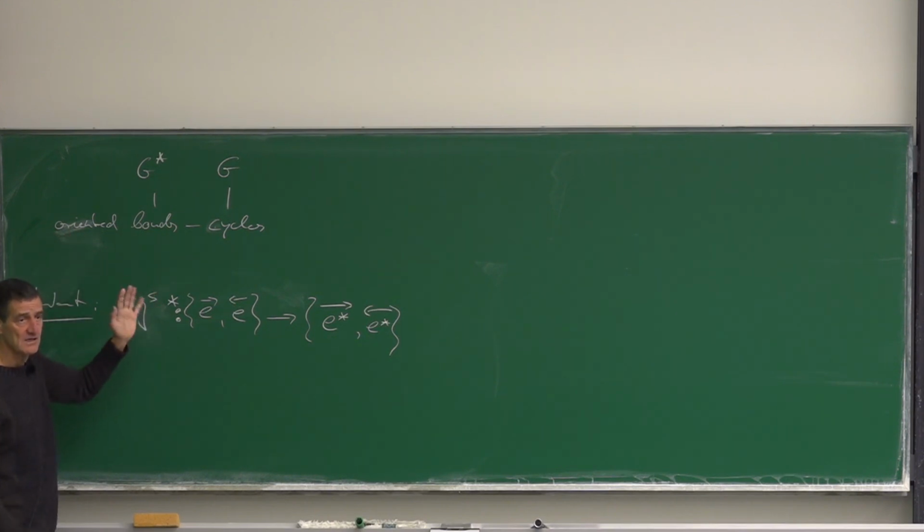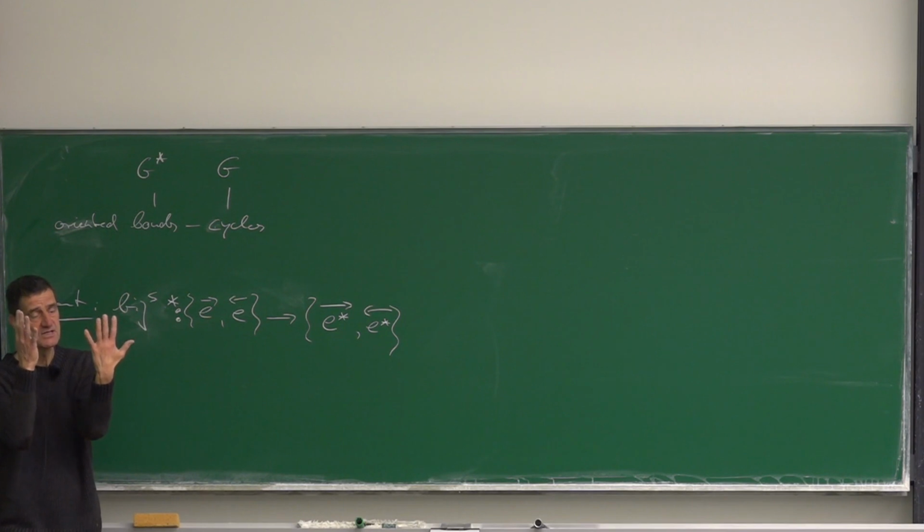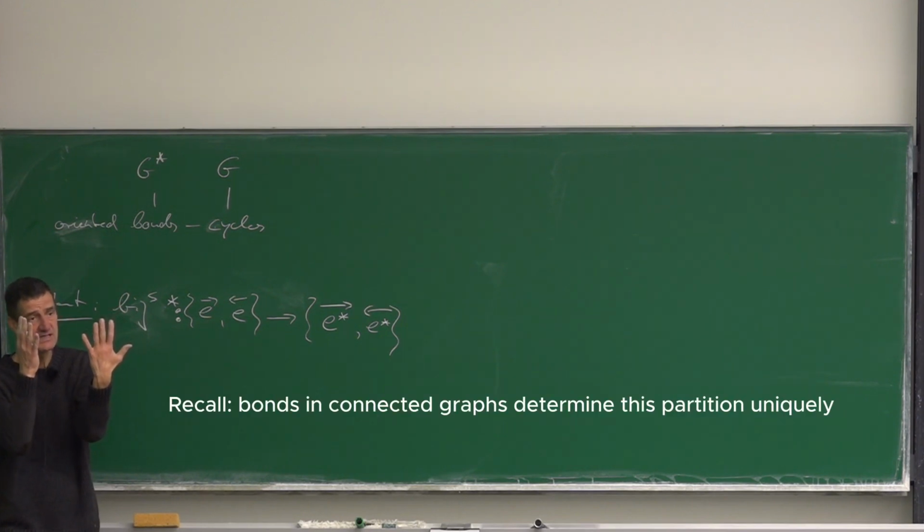A bond is a cut. A cut is witnessed by a bipartition of the vertex set and by an oriented cut, in particular an oriented bond. I mean the set of all these edges, all oriented the same way from one partition set to the other.